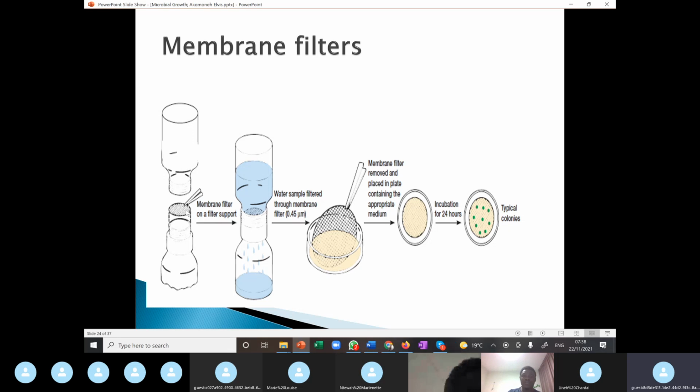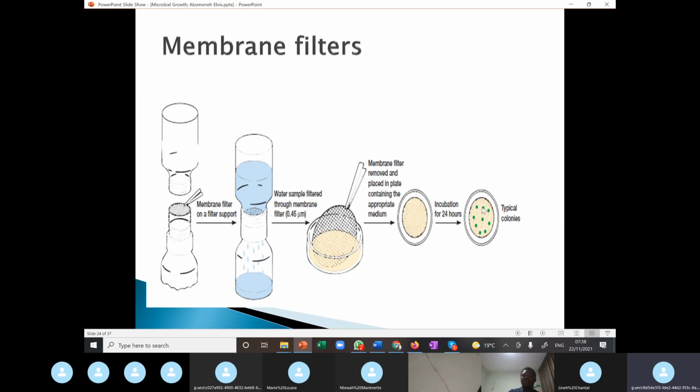So when you filter the 50 liters of water, you take the membrane onto a suitable culture medium and you incubate for 24 hours. After incubation, you are going to observe colonies growing where the individual cells were trapped.